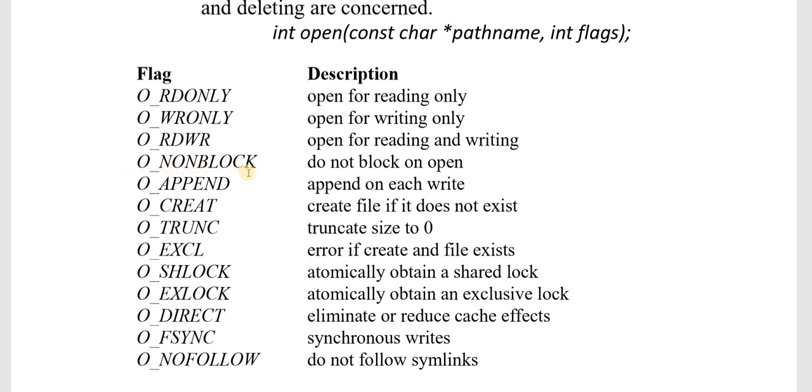O_NONBLOCK says do not block on open. O_APPEND appends on each write. O_CREAT creates the file if it does not exist. O_TRUNC truncates size to 0. O_EXCL gives an error if create is used and the file exists.